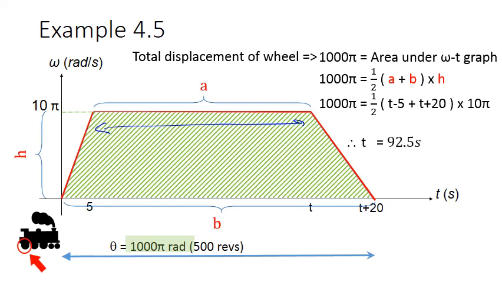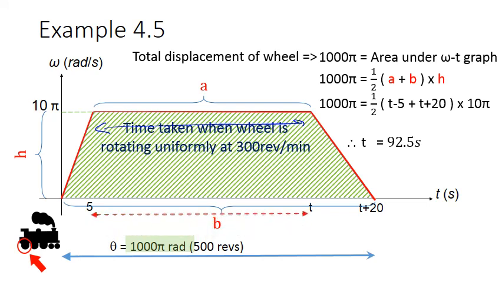And solving this equation, we will determine t is equal to 92.5 seconds. But the question is asking us the time taken when the wheel is rotating uniformly at 10 pi radians per second. That's why we have to use t minus 5 equals 87.5 seconds.